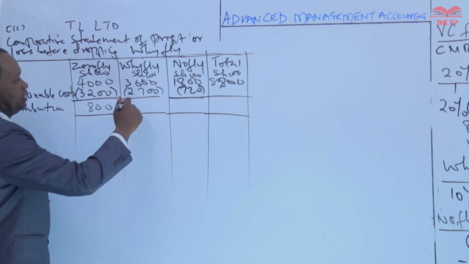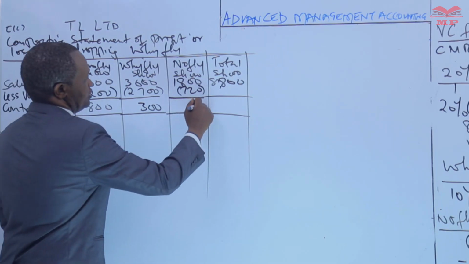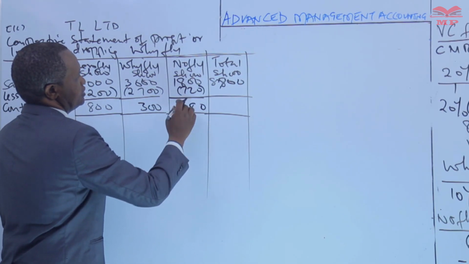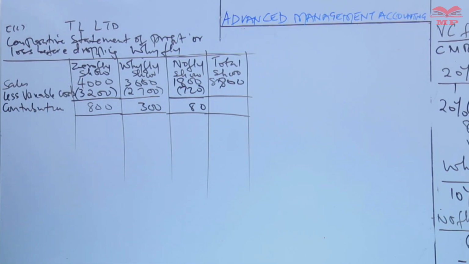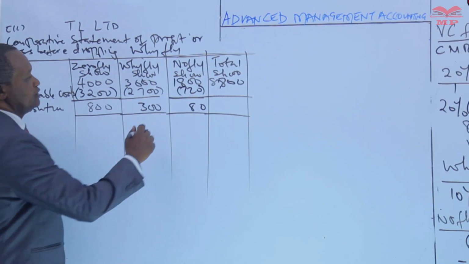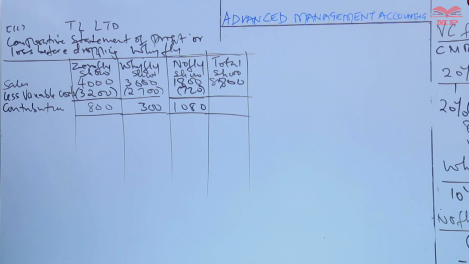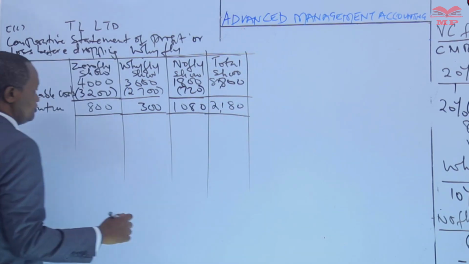This is just 300. Yeah, it's 80. Correct says 1080. 1080, correct. Total contribution 2180. 2180. Someone else please confirm.